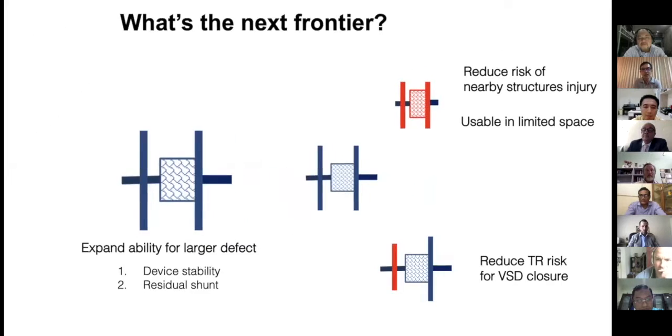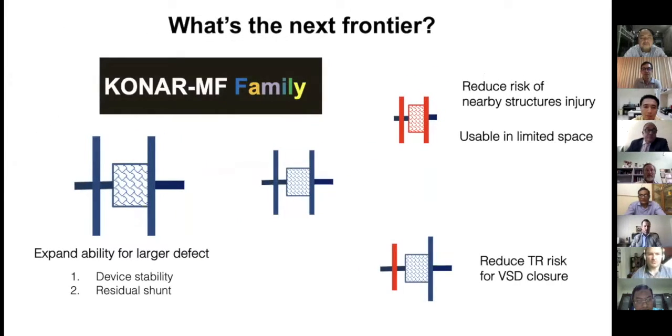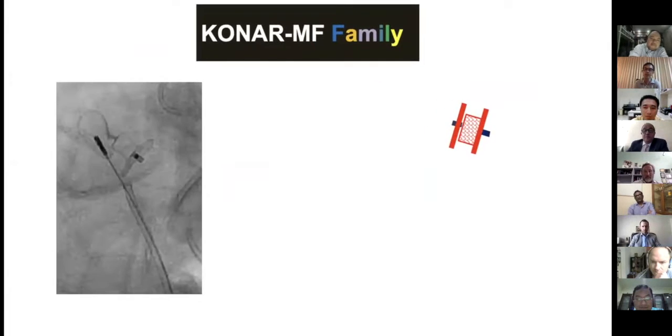So what's the next frontier? I would say the next frontier for this device is going to be the Konar-MF family, in my opinion. The family means it doesn't have to be only one device, but a family that has some modifications in order to adapt to the proper anatomy and morphology of the patient's problem.